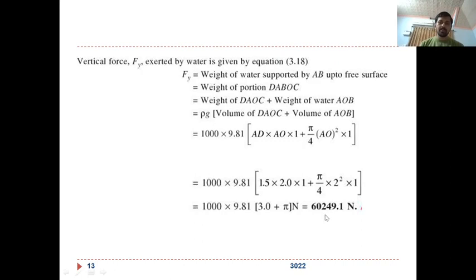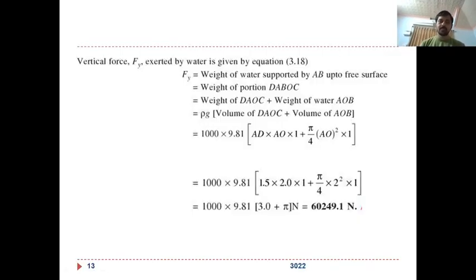So you get the vertical component of the total force to be 60 kilonewtons. So you are asked to find the vertical and horizontal components of the total force.